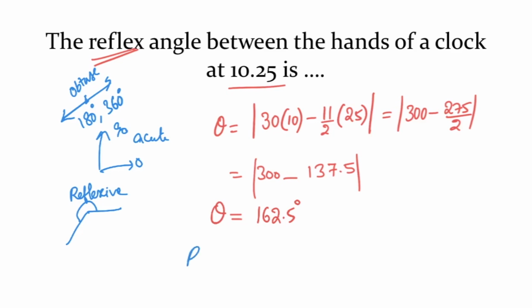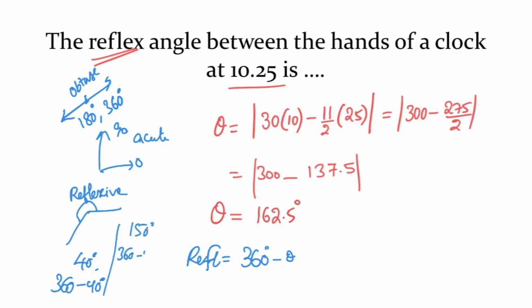For finding the reflexive angle, do one thing. Reflexive angle is equal to 360 degrees minus theta. I mean, if 40 degrees is given, its reflexive angle is 360 minus 40. If 150 degrees is given, its reflexive angle is 360 minus 150, that is 210.